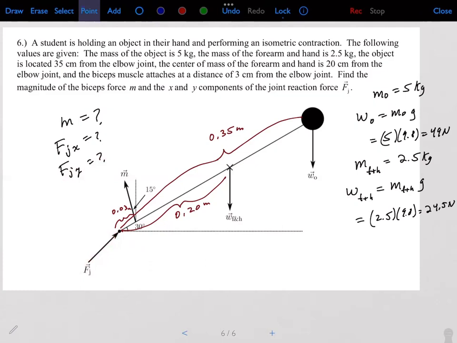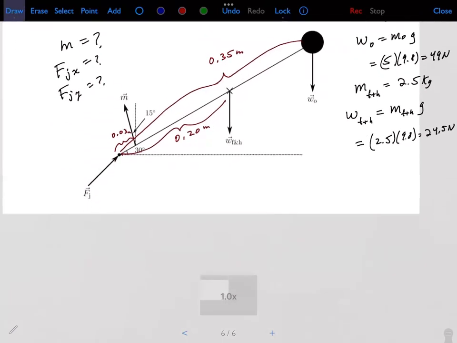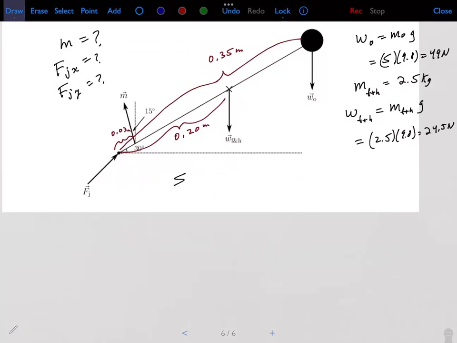Okay, so first thing we need to do, since they're performing an isometric contraction, we know that the sum of the torques must equal 0. But let me figure out what all these moment arms are.